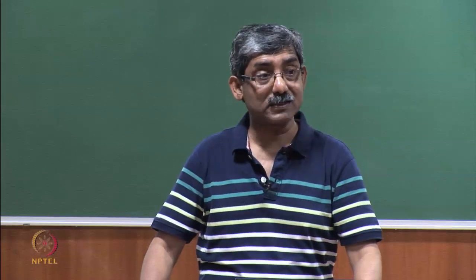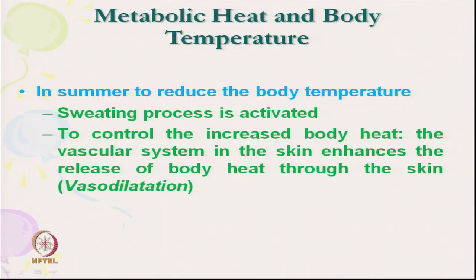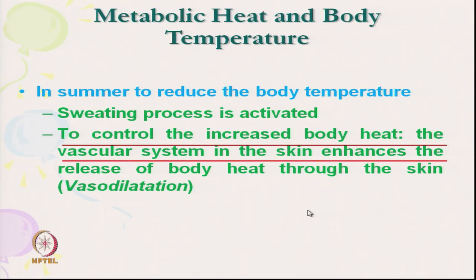So, the sweating process is activated and then vasodilation starts. So, to control the increase of body heat, the vascular system in the skin enhances the release of body heat through the skin by vasodilation.